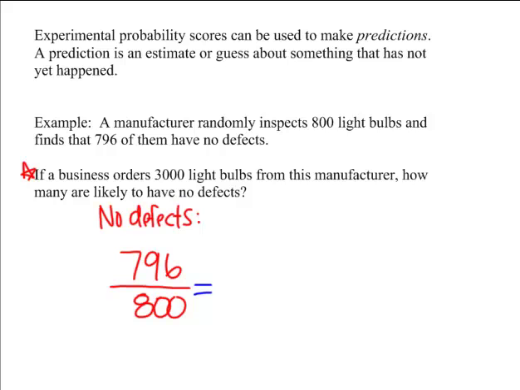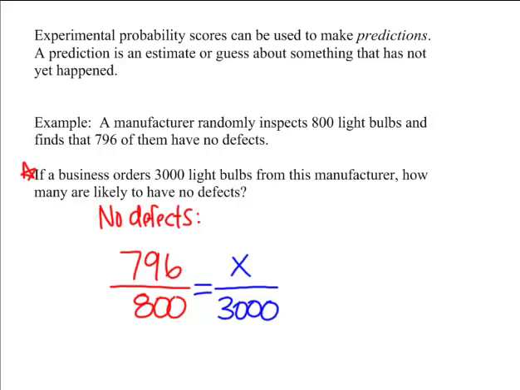If we expect our probability to be the same as the 796 out of 800, now I can use that to figure out how many I would have out of 3,000. So this is the number up here that we don't know. We don't know how many would have no defects out of our total of 3,000. But we're saying that the probabilities are the same.